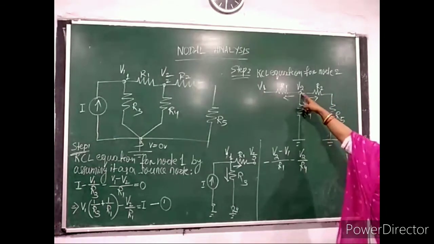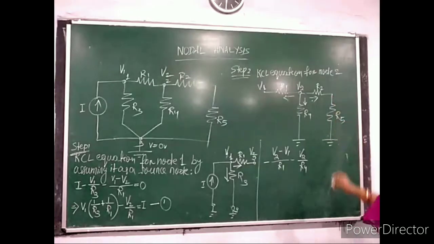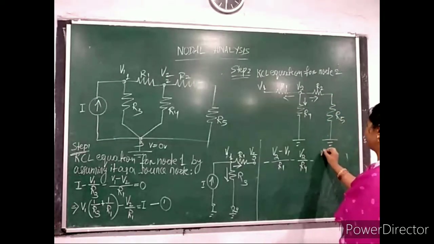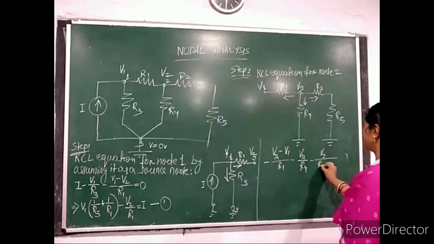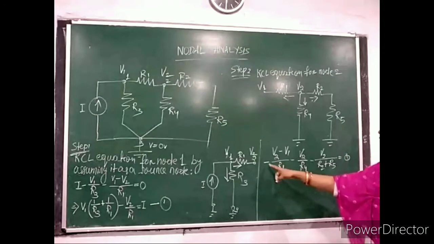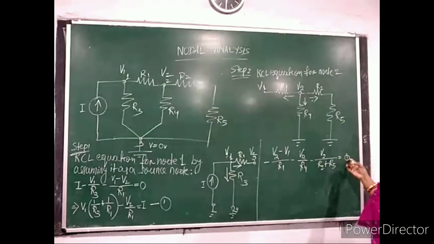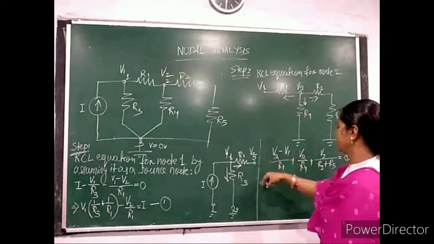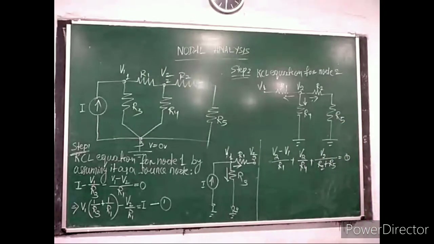So V2 by R2 plus R5 is the current flowing through R2 and R5. If you take all the negatives to the right hand side, all these are positive. Clear? Now you take V2 common.